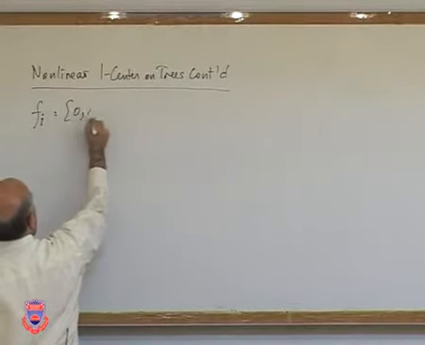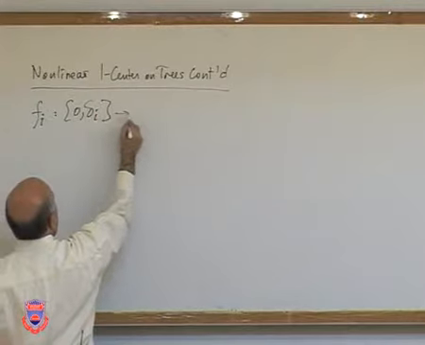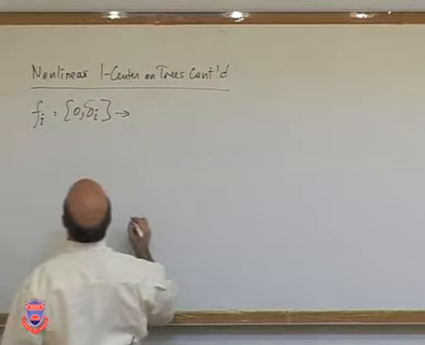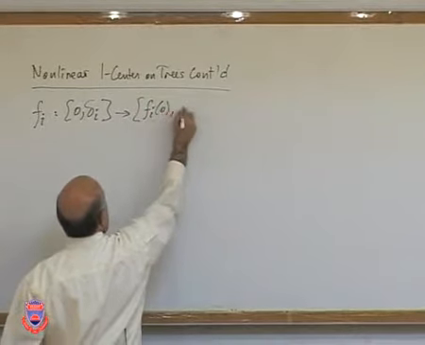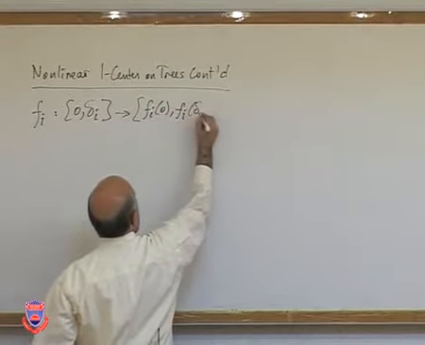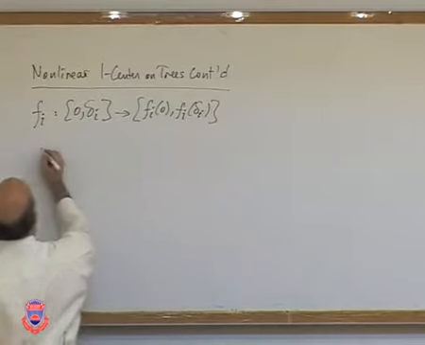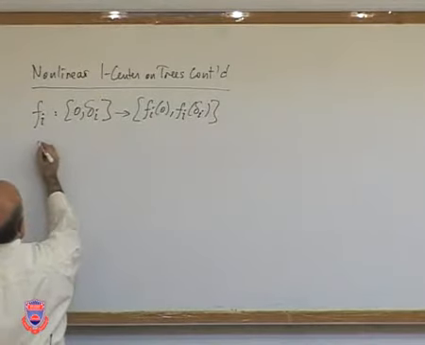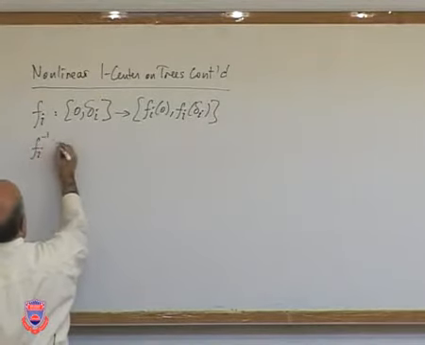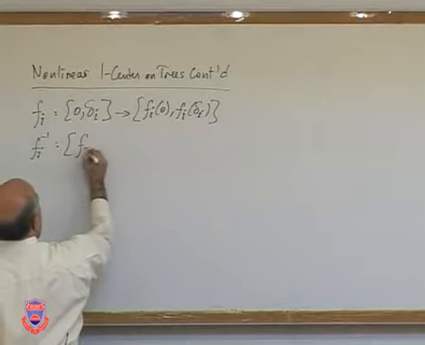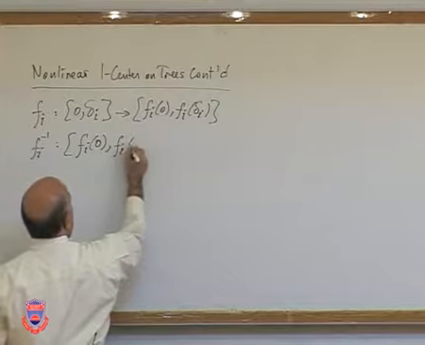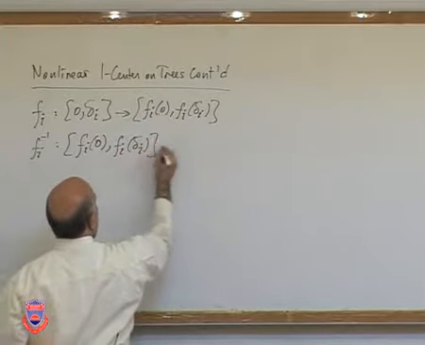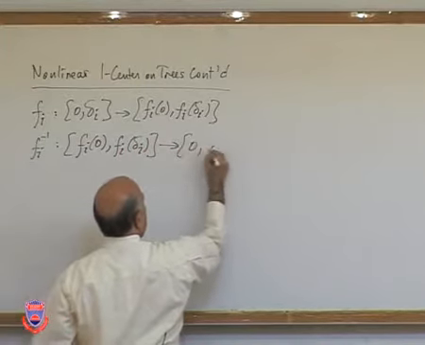The domain is 0 to delta_i, with range f_i(0) to f_i(delta_i), and then f_i inverse has f_i(0) to f_i(delta_i) mapping into 0 to delta_i.